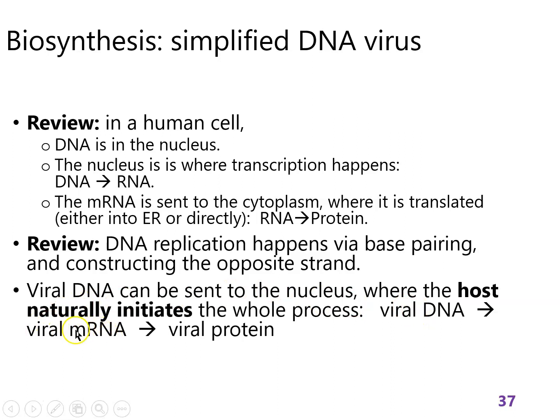And then that viral RNA will be pushed out of the nucleus to the cytoplasm, where it will be translated to be viral protein. Okay, that's the natural way we handle all this in our cells. The only difference is now we're doing it with viral DNA and viral genes and making viral proteins. So that's what a simplified DNA virus could do. The simplest case of a DNA virus is one that just pretends it's host DNA.